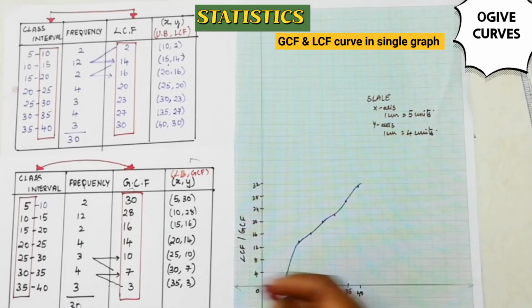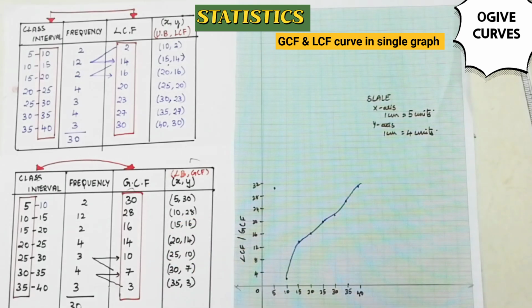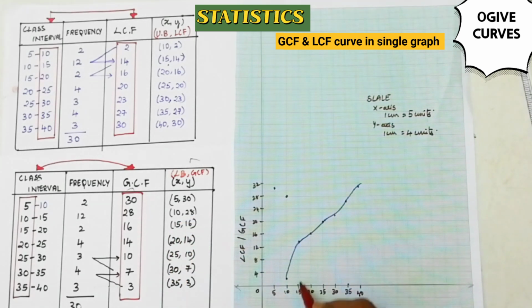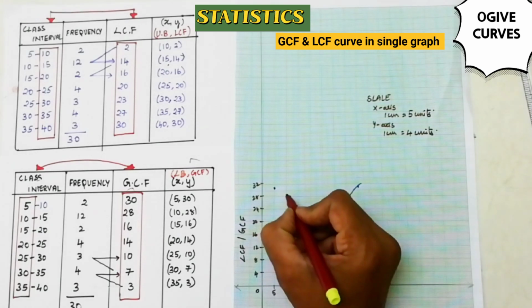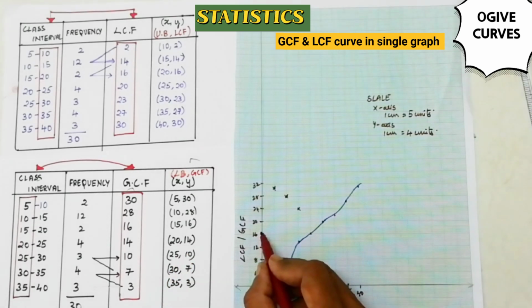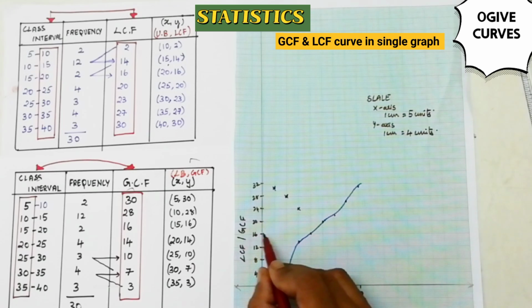Now let's plot GCF points at 5, 30 means it's here. 10, 28. 15, 16. You can also use a small X mark here so that the points are clearly visible. 20, 14. So it would be lying here. 16 and 20 means 17, 18, 19, 20.